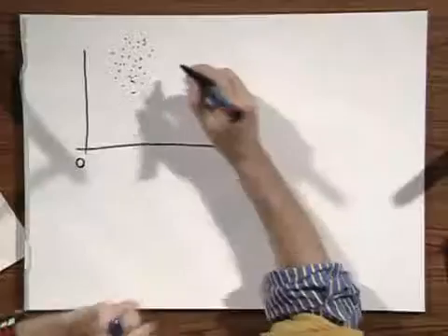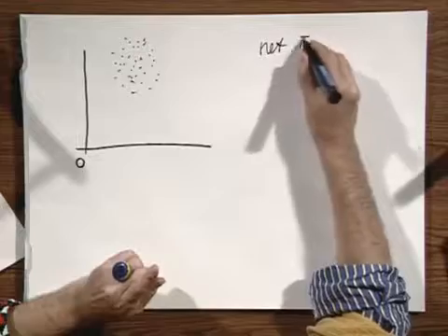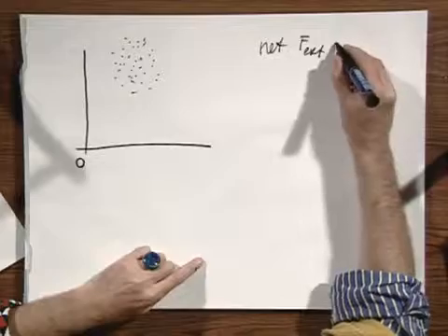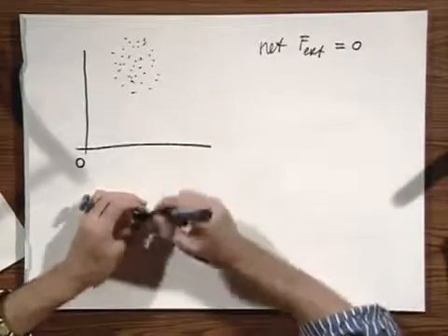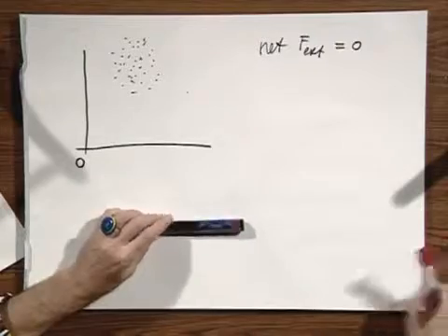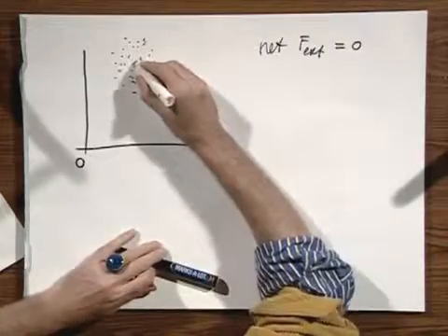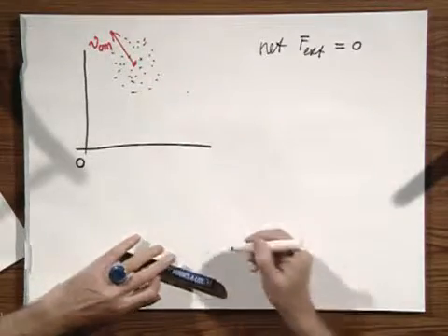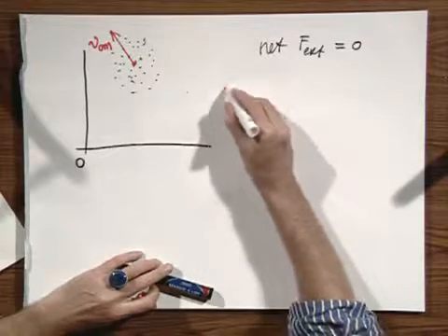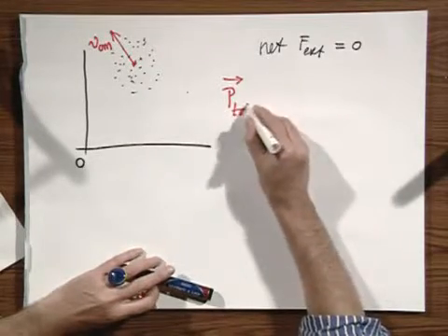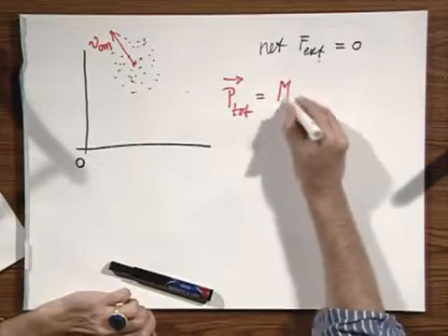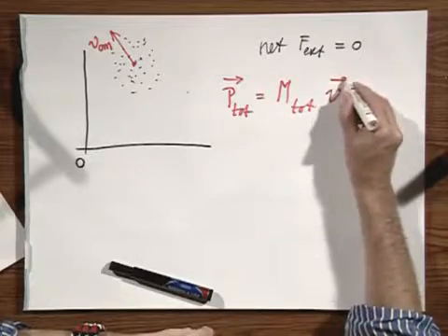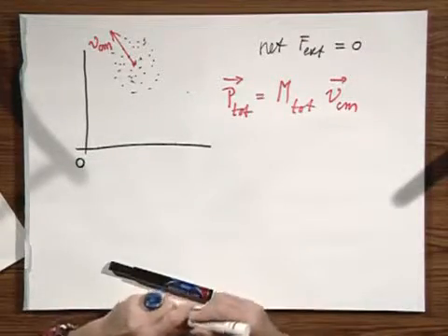However, if the net external force, summing all the external forces on those particles together, is 0, then the center of mass, which may have a velocity, say in this direction, v center of mass, relative to my laboratory, then the total momentum can always be written as the total mass of this entire cloud of particles times the velocity of the center of mass.